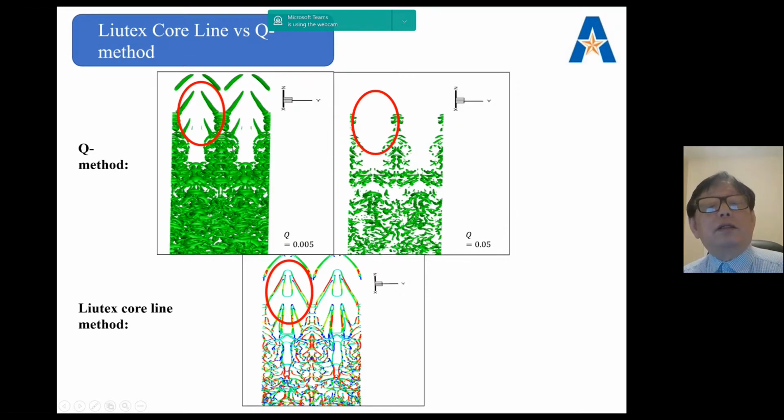For the other example, it is about the same. You see? When the Q is small, we can get some structure, but when Q is larger, not all structure is captured. But look at the Newton's core line: a lot of structures which Q and other second generation methods cannot capture.